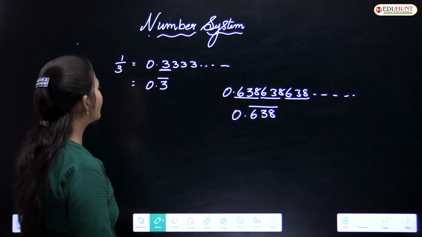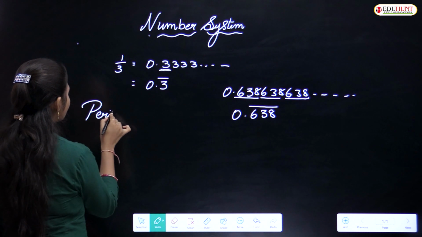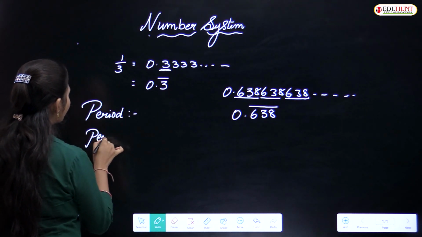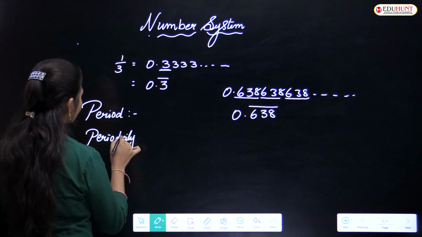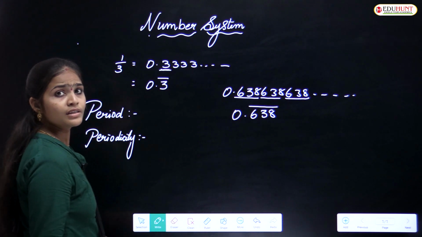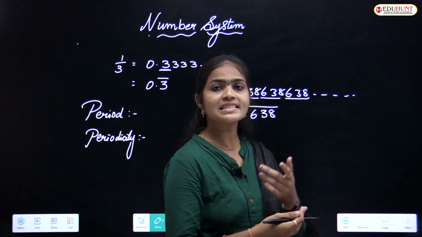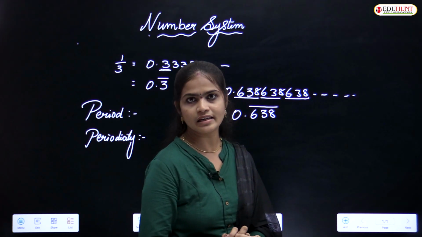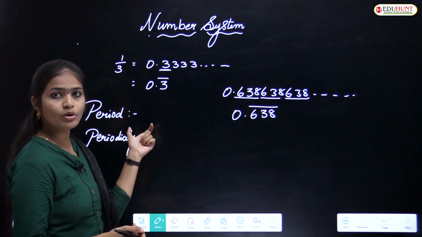So here we have to discuss period and periodicity. What is the period? The decimal part which is in repetition, that part is called the period.